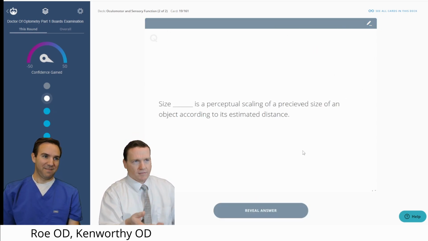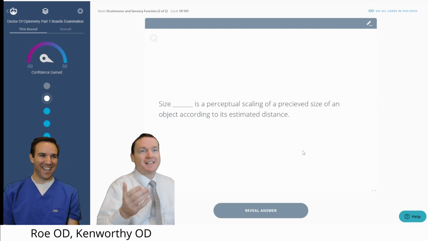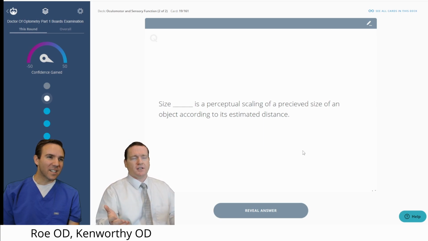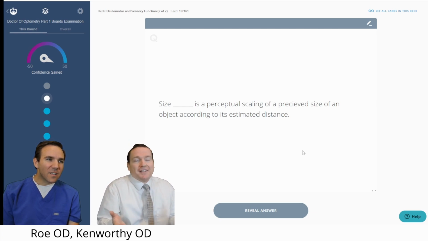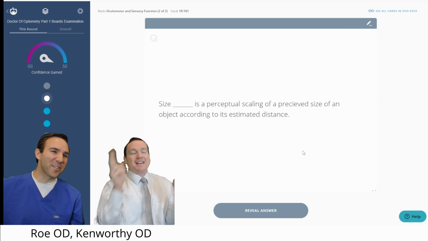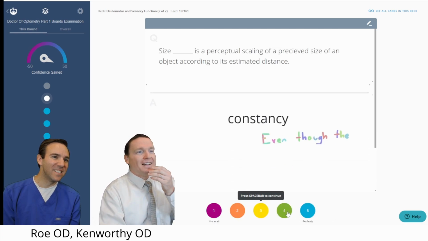Size blank is a perceptual scaling of a perceived size of an object according to its estimated distance. Constancy? Well, it's funny you say constant. I was going to say variation. Yeah, variation. We had two very opposite thoughts. Let's look.